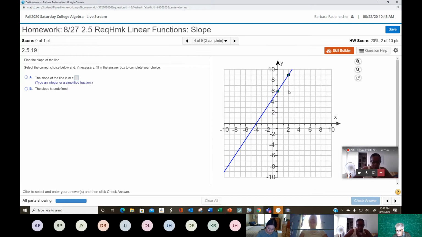So the height is 3, right? And if I count the number of units in the base, it would be 1, 2. So we could say that the base is 2 units long and the height is 3 units high.